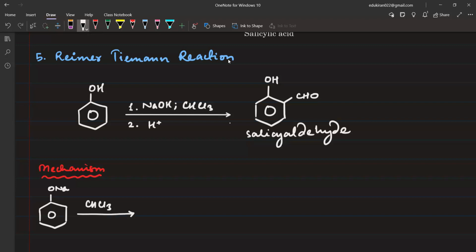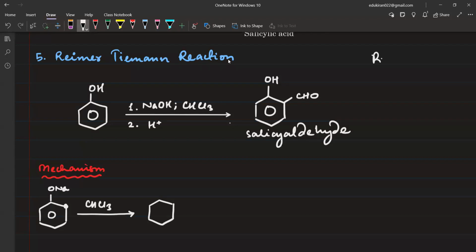Now CHCl3 reacts with NaOH and forms carbene, and there is a carbene mechanism, but we don't need that carbene mechanism. What you can understand from here is, please see, this is the ortho position, right? If you have done Friedel-Crafts alkylation, in Friedel-Crafts alkylation one chlorine is removed, and then it is directly attached on the ortho position.